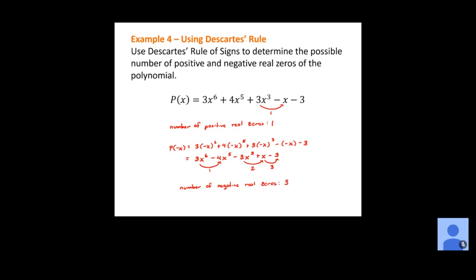So because there's 3 sign changes, we know there could be 3 negative real zeros or less than that by an even whole number. So I have to subtract 2. That's going to give us 1. I can't subtract 2 again, so those are the only 2 options. So I know this polynomial now is going to have at most 1 positive real zero. And in terms of negative real zeros, it could have either 1 negative real zero or 3 negative real zeros.